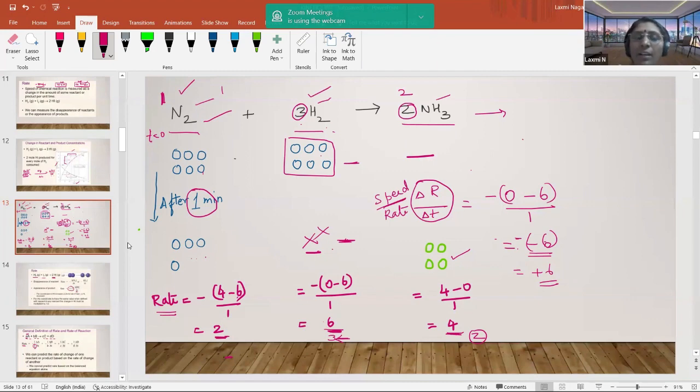It is because we know that the final amount of reactant is less than the initial amount. If I had not introduced it, it would have looked like 4 minus 6, 4 in the final, 6 in the initial, which is -2. I know that speed cannot be negative. So what should I do to nullify that effect? I would introduce a negative sign. So minus into minus is plus, so it is +2 moles per liter per second.